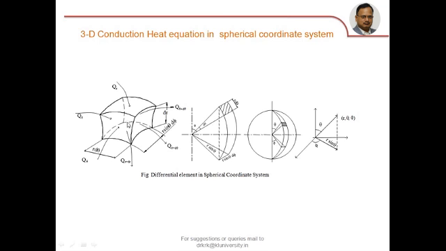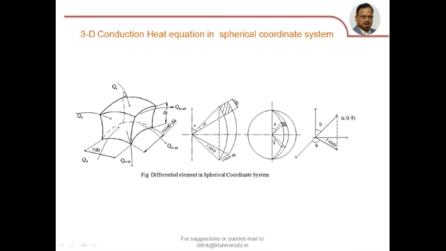If you have some internal heat generation, then the energy balance equation changes to: energy entering plus internal heat generated within the element is equal to energy leaving plus energy stored in it. Now let us write the expressions for conduction heat transfer in radial direction, theta direction and phi direction.